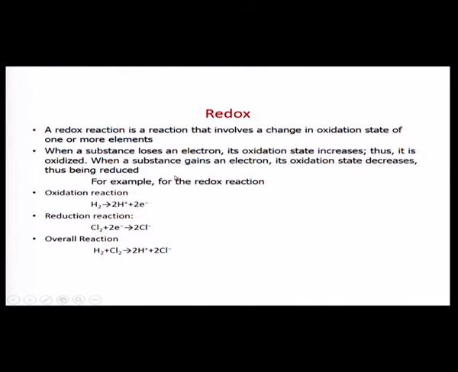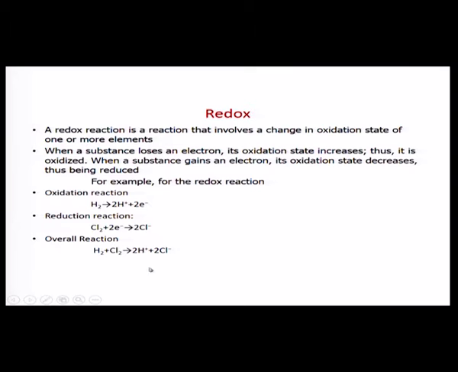For example, we will consider this reaction. Hydrogen molecule loses 2 electrons and forms 2 H plus ions. This is known as the oxidation reaction. And for the reduction reaction, for example, the chlorine molecule can pick up 2 electrons and get converted into 2 moles of chloride ion.